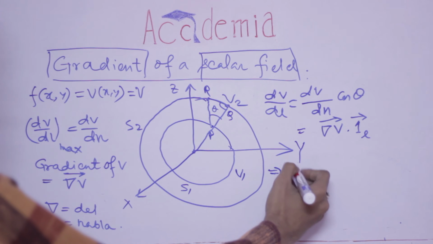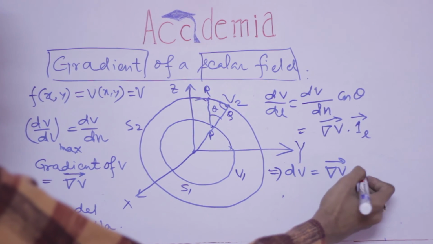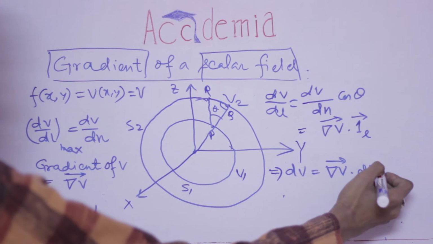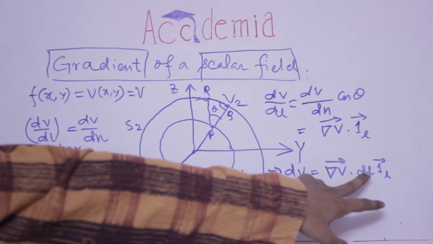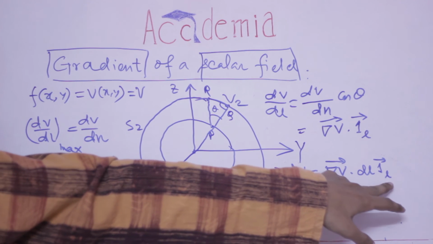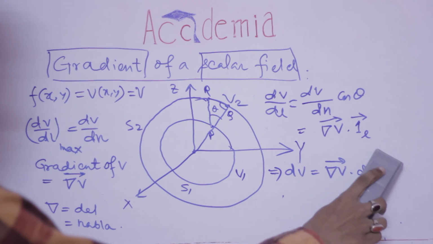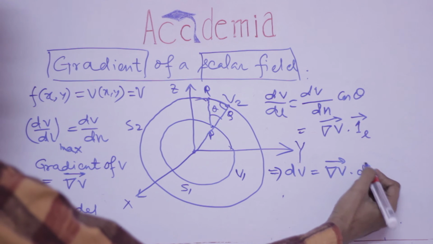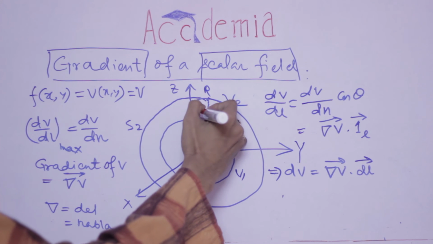So dV is equal to grad V into dl 1L vector. dl is the magnitude, 1L is the direction, that is the unit vector along dl. So dl 1L can be written as dl vector. dl vector is actually in the direction from P to R.